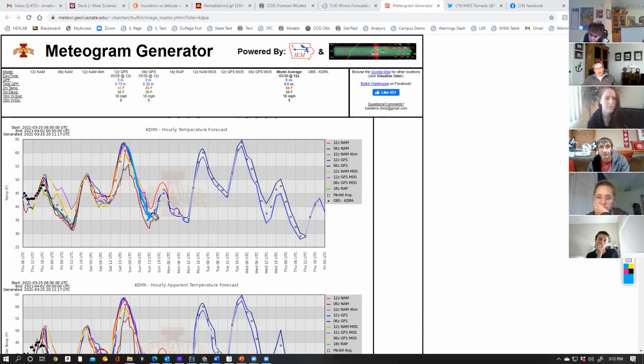So it must be a cold front goes through, and then it only rebounds up to the mid to upper 40s. Then it drops back down, then it gets warm again. And then what happens next week? It gets cold again. So on Wednesday, temperatures are still below 50.